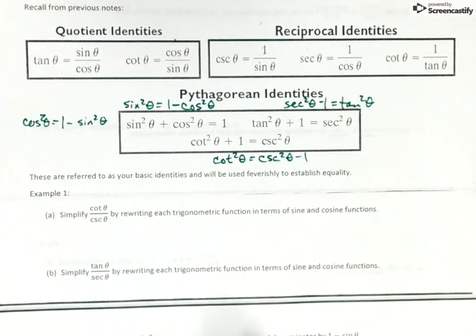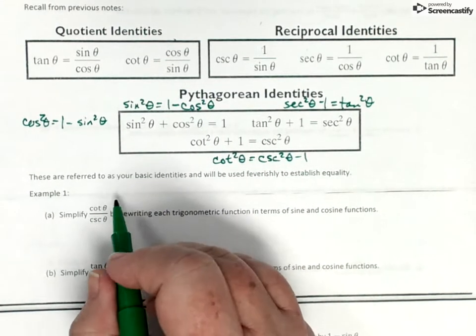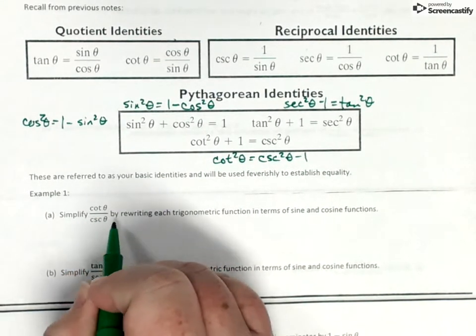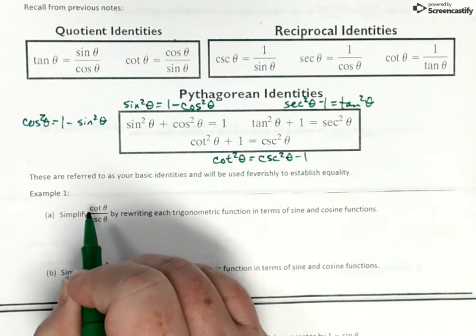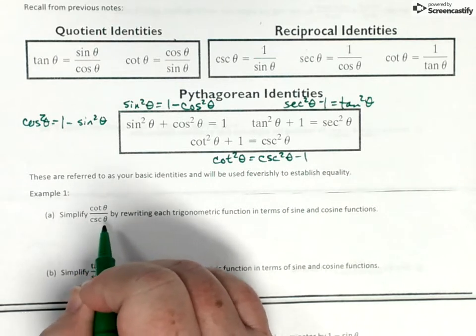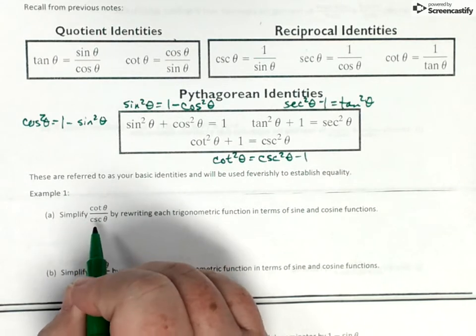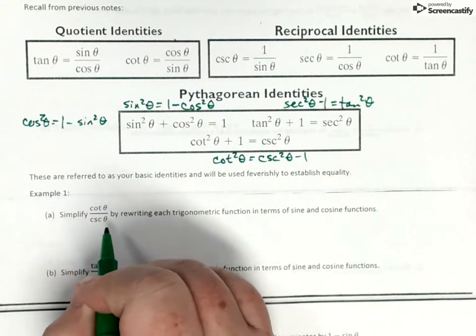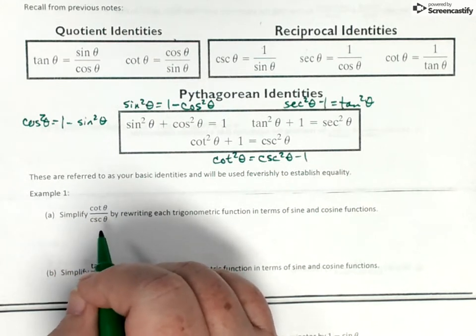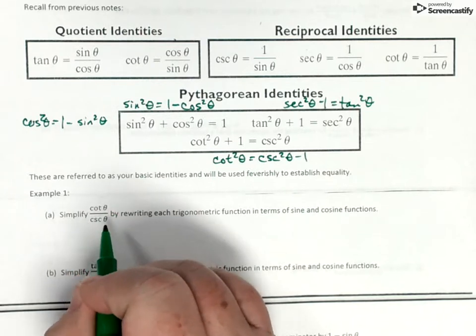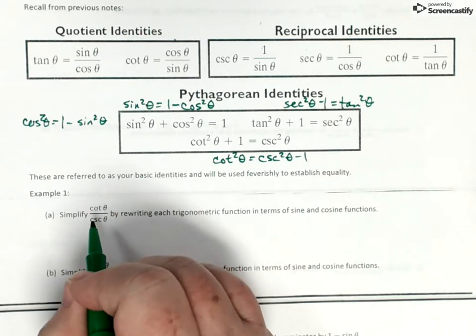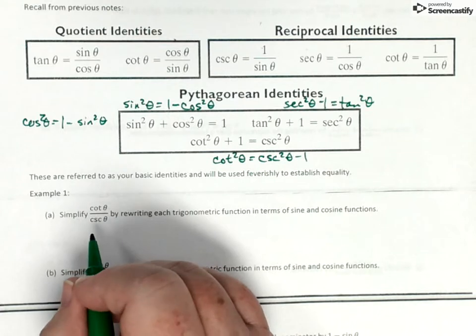If we look a little further, say I have this set of functions, cotangent of theta divided by cosecant of theta. What is a simpler way of writing that would give me the same answer? Establishing identities is all about simplifying what we have to a simpler problem that will always give me the same answer.